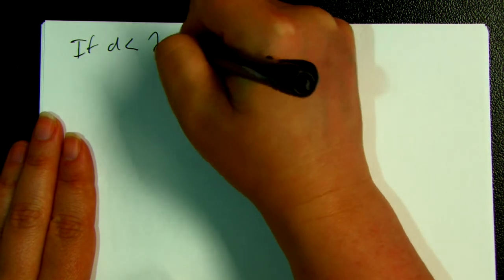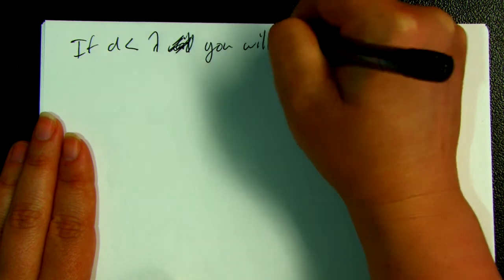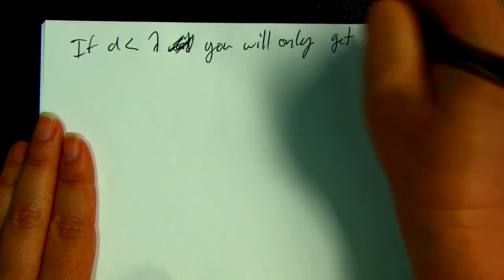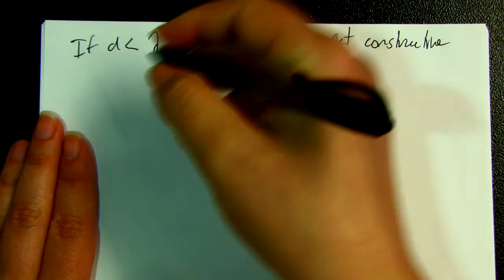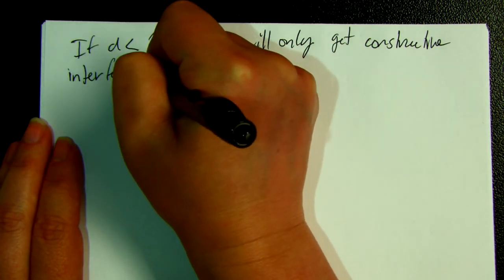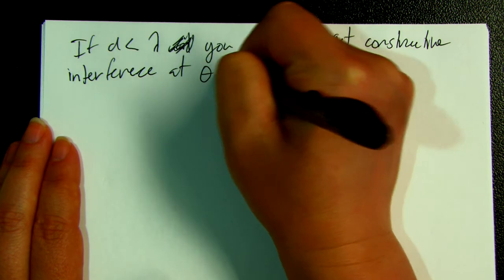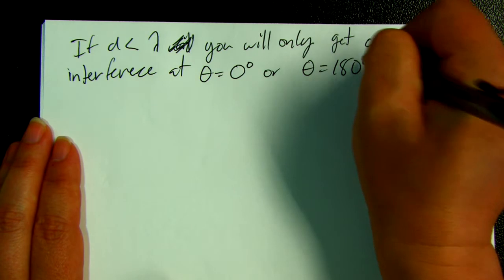Okay, so moving on with this idea. So same idea. So if d is less than lambda, you will only get constructive interference at theta equals 0 degrees or theta equals 180 degrees.